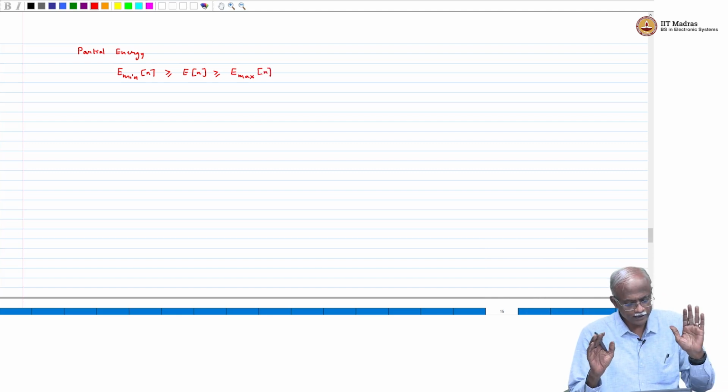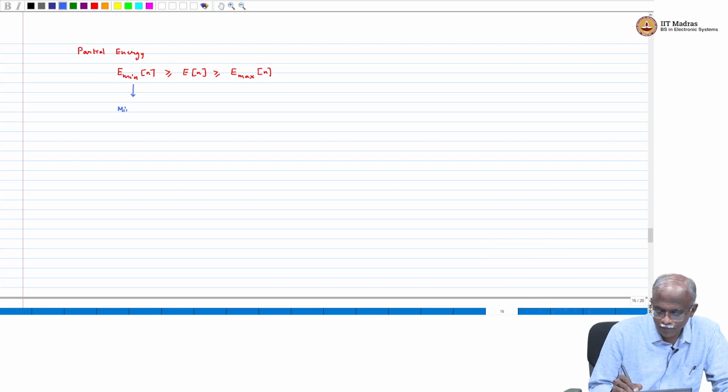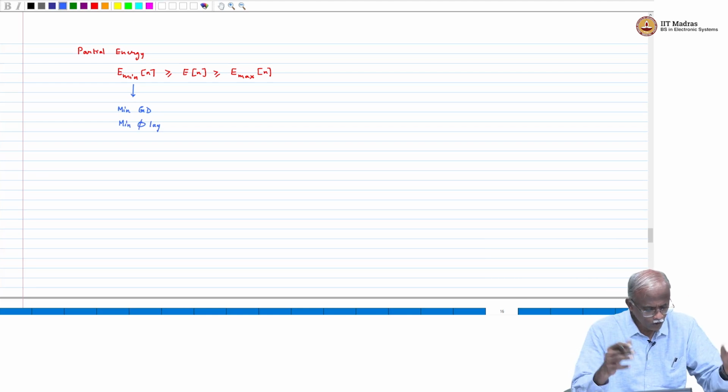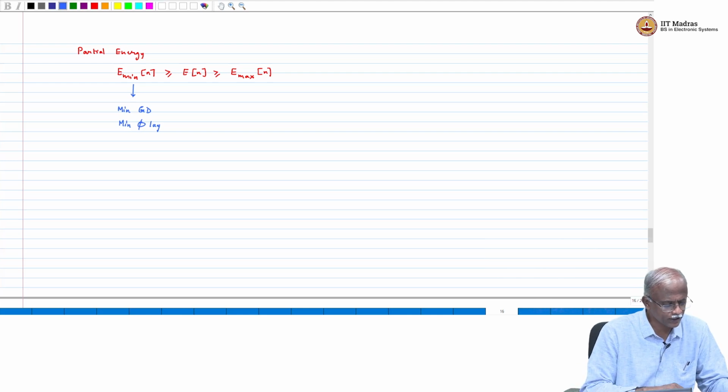Okay, this is the general statement, and what we are interested in is the fact that this is the minimum group delay or minimum phase lag system, and therefore that is the one that is of interest to us, and that has got all of the zeros inside the unit circle.